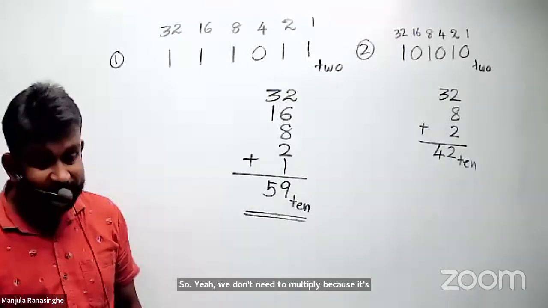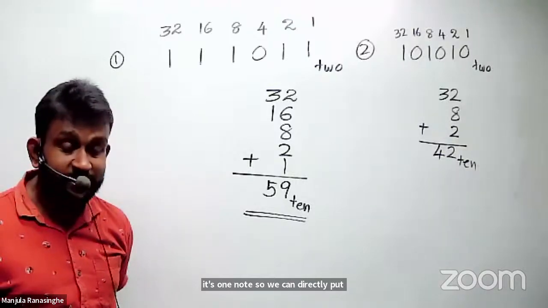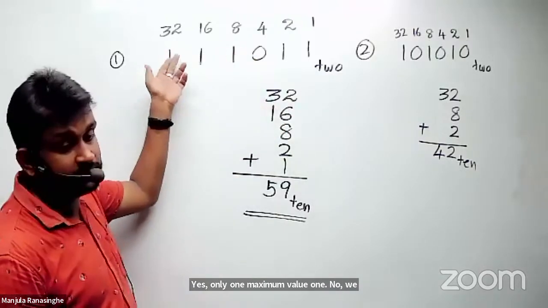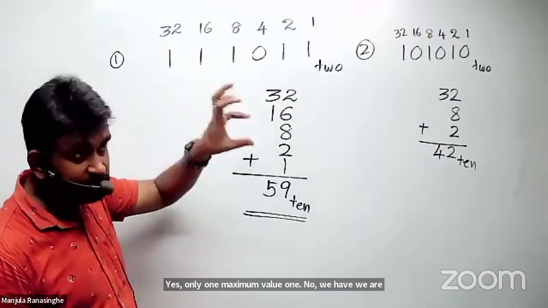Sir, here we don't need to multiply because it's 1, no? So we can directly put it. Yes. Only one maximum value, one. No, we are dealing with just 32. One means 32, 16. Likewise, take the place value directly.